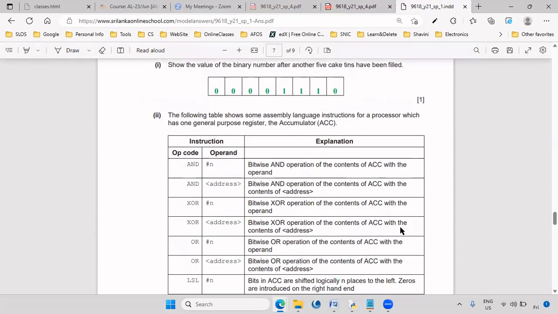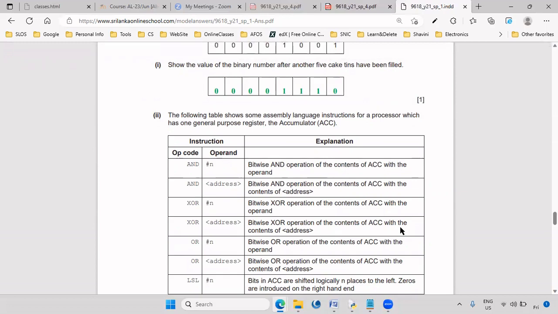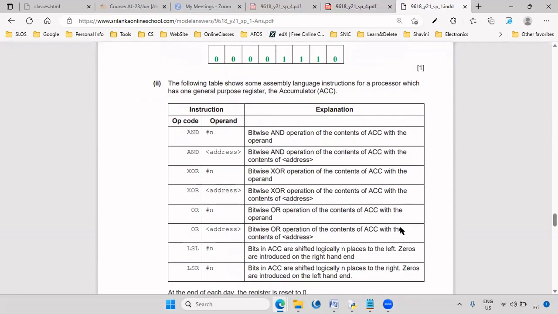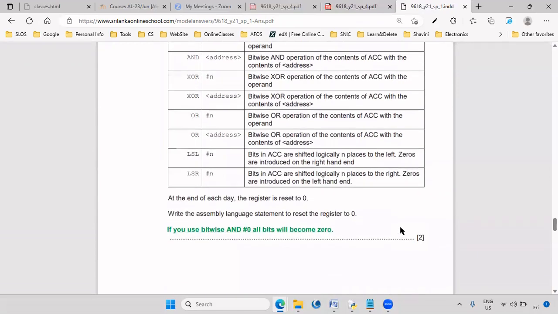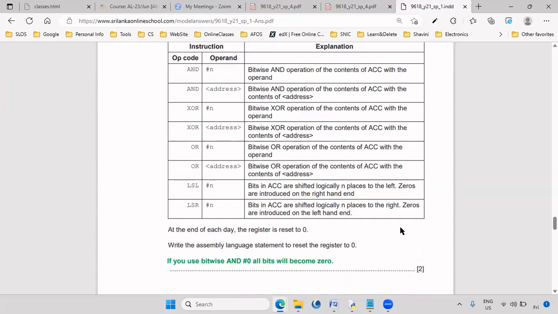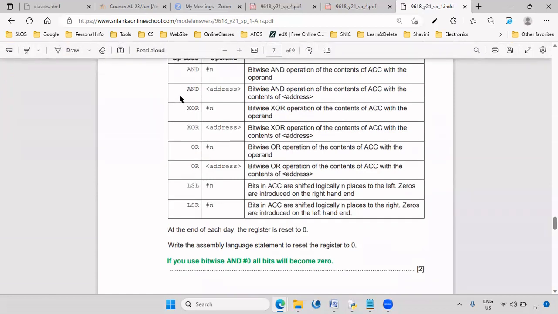The following table shows some assembly language instructions for a processor which has one general purpose register, the accumulator. At the end of each day, the register is reset to 0. Write the assembly language statement to reset the register to 0. So what are the operations you have? LSL and LSR.